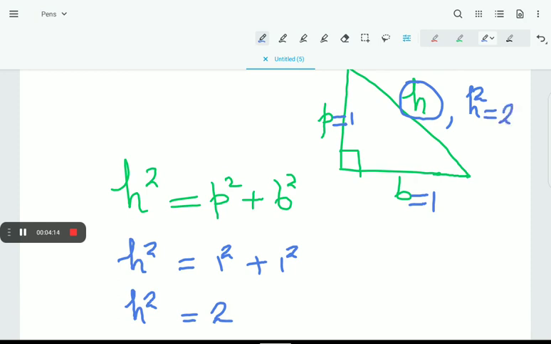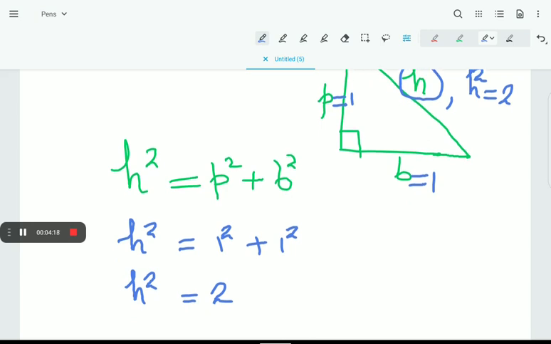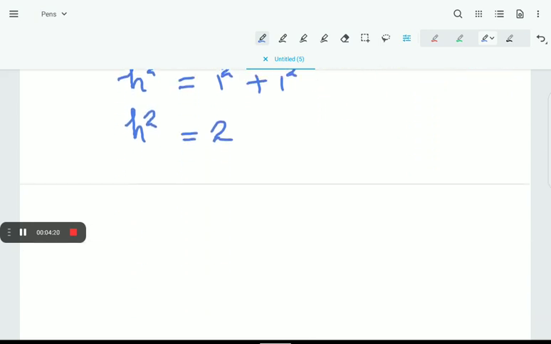Now, Pythagoreans did not know what irrational numbers were. So they must have tried to determine what is that number h so that h square equals 2. So maybe h is just equal to 1.4.